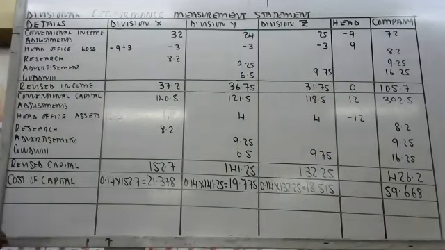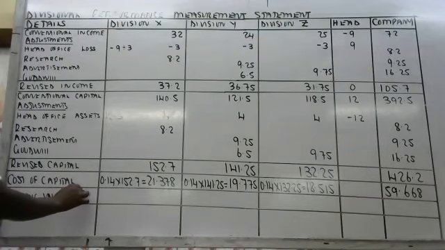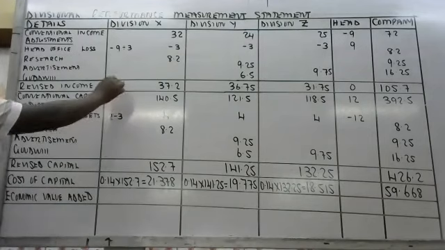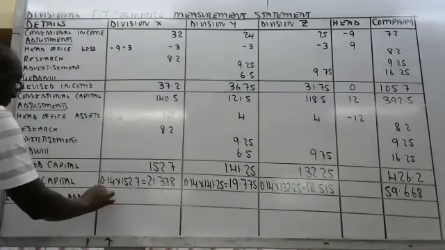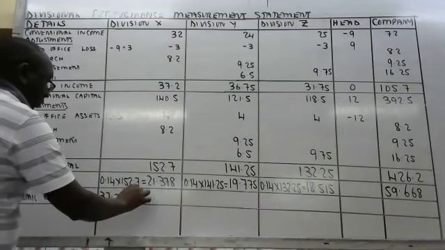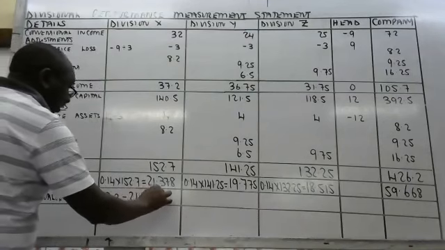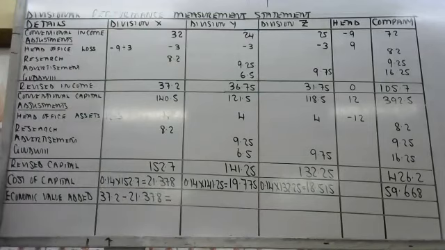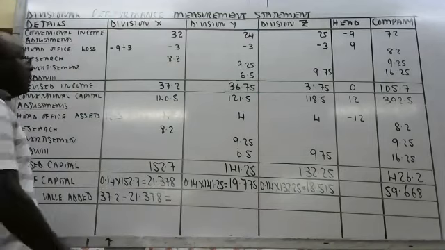So that finally you get economic value added. We usually take the income, 7.2, minus the cost of capital, 21.378. So you will get your answer. My space is squeezed.